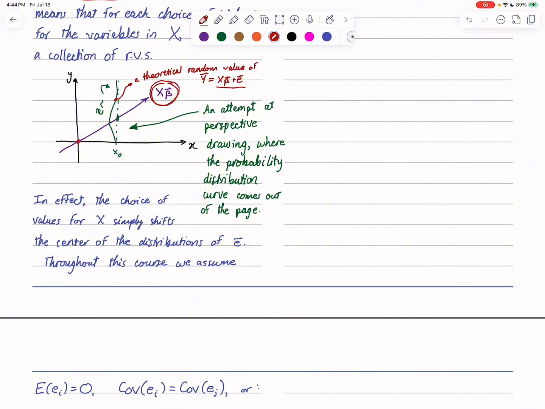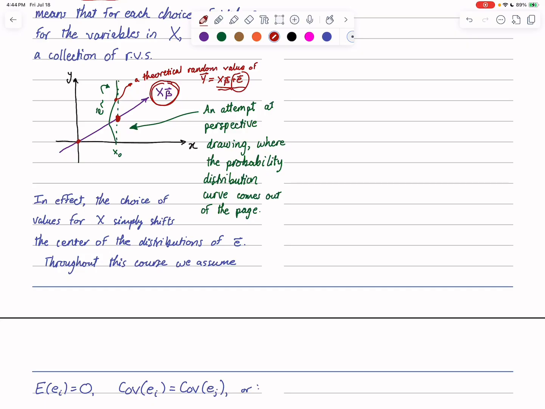If you specify the coordinates of X, then you can compute X beta, and that gets you to some particular point on this line through the origin. Once there, you add e, and that's a vector of random variables. Again, here we're talking about the 1 by 1 case, so e would have to be a 1 by 1 matrix, which is to say it is just a single random variable.